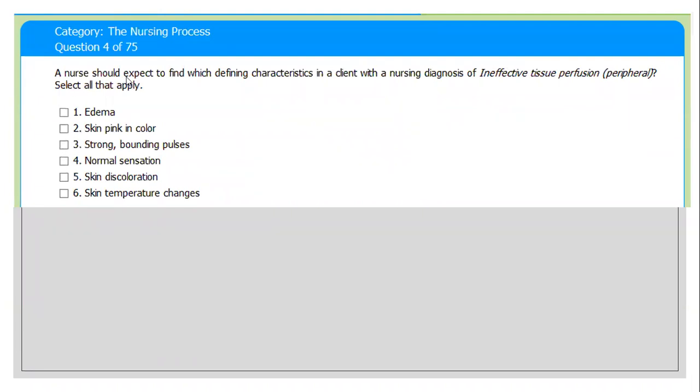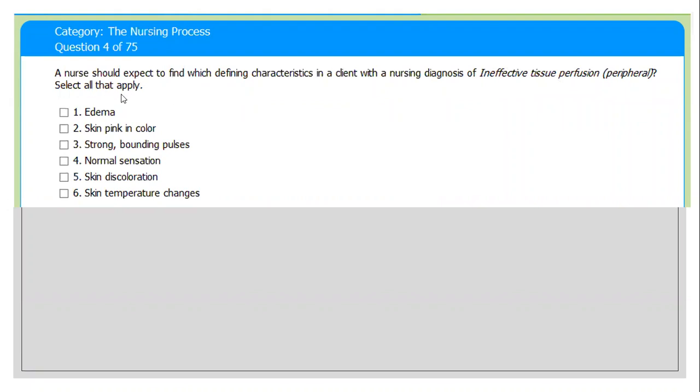A nurse should expect to find which characteristics in a client with a nursing diagnosis of ineffective tissue perfusion?